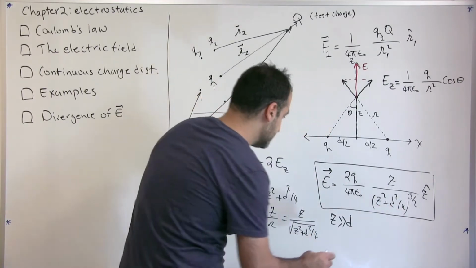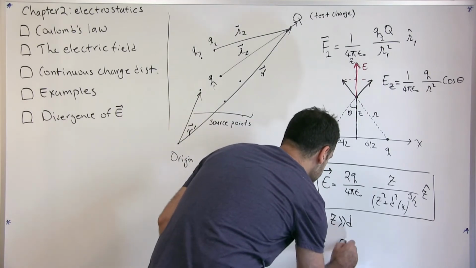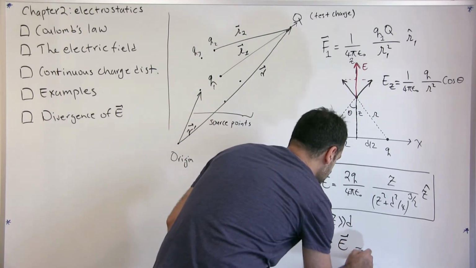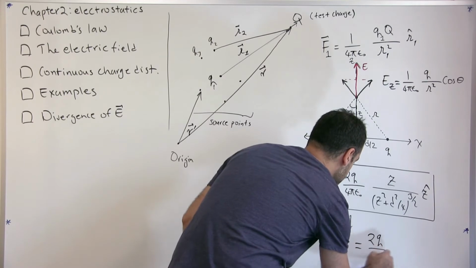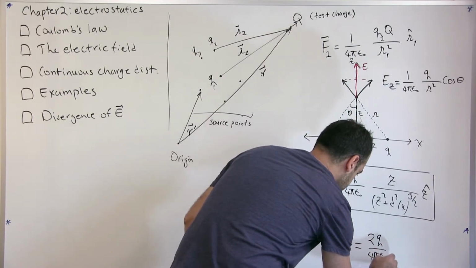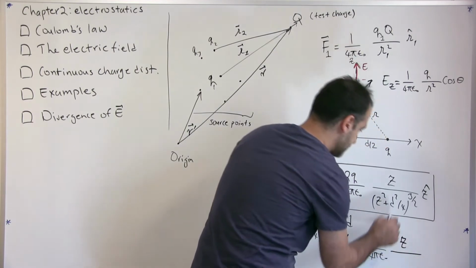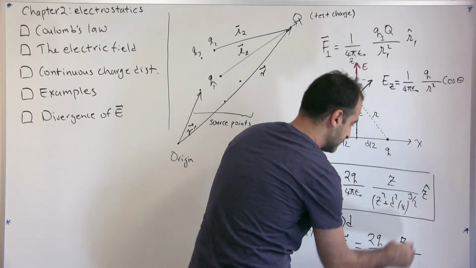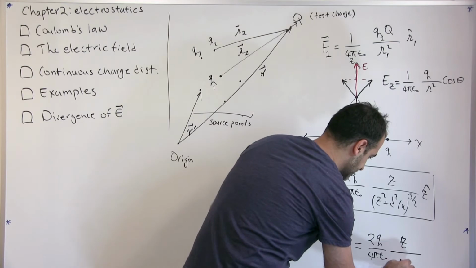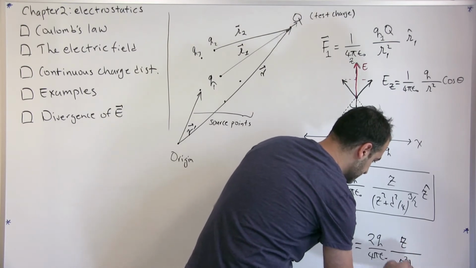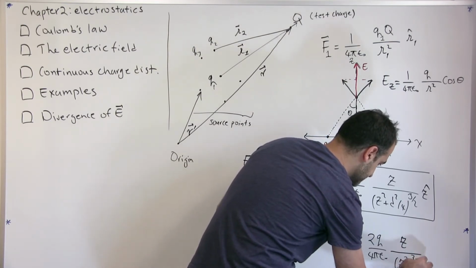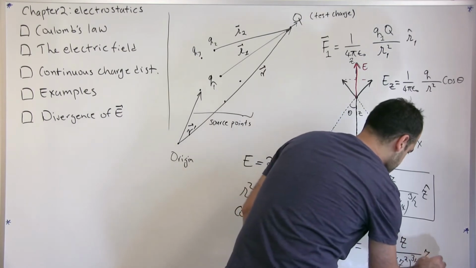I would simplify that as E equals 2q over 4 pi epsilon 0 times z over, I'm going to get rid of the d squared over 4 because that's small. Here I get z squared to the power of 3/2 times z.